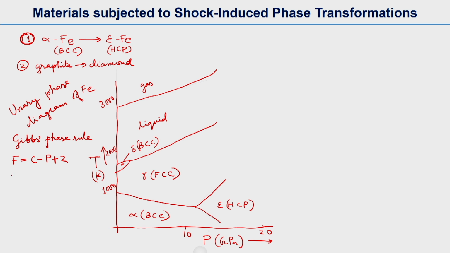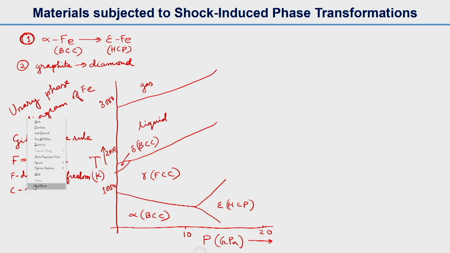F is the number of degrees of freedom. I will not write the word number here due to less space, but please understand that these all are numbers of degrees of freedom.